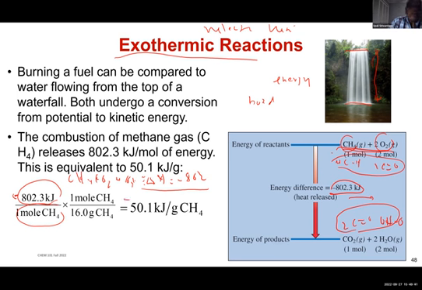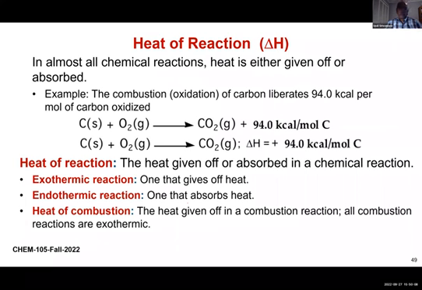Burning 1 mole of methane, which has a molar mass of 16 grams, produces this. Therefore, in a chemical reaction, we can calculate the heat given out.